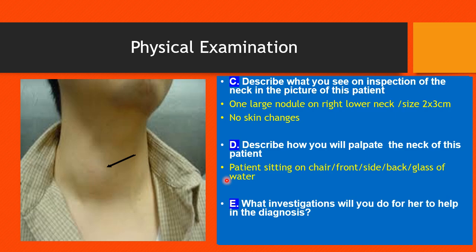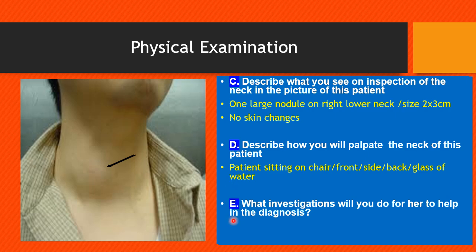So these are the important features that you will look for. At the same time, on palpation, you will also want to confirm the size of the lump, as well as other features like consistency, the surface, the border or the margins of the lump, and whether it moves up and down on swallowing.